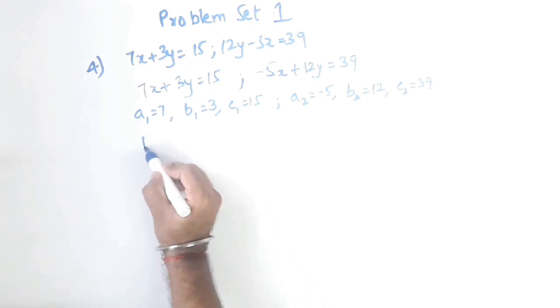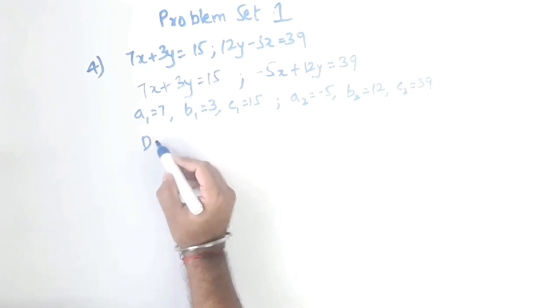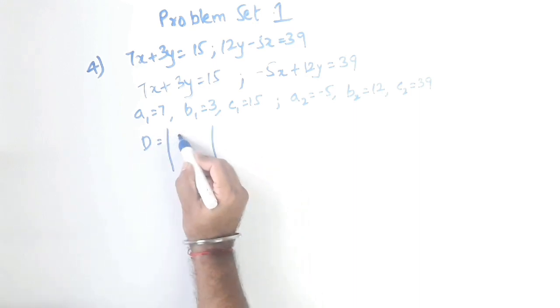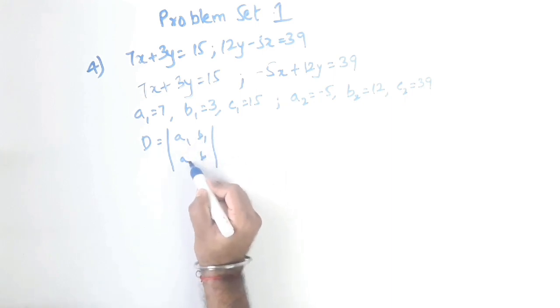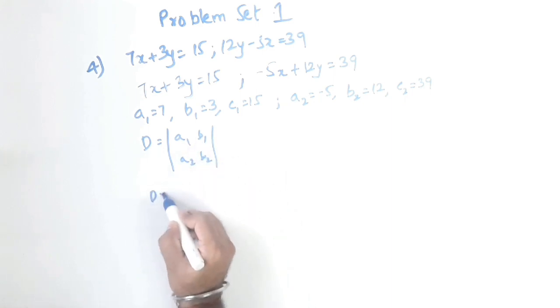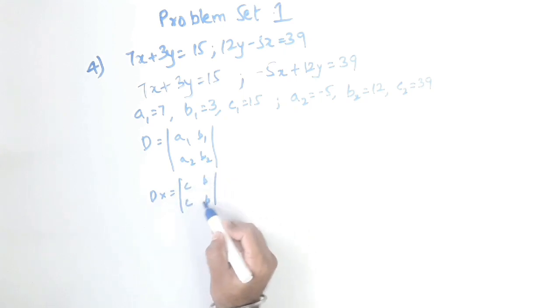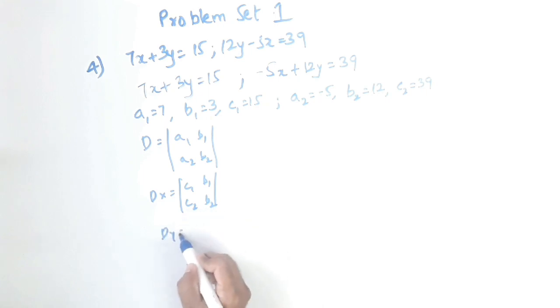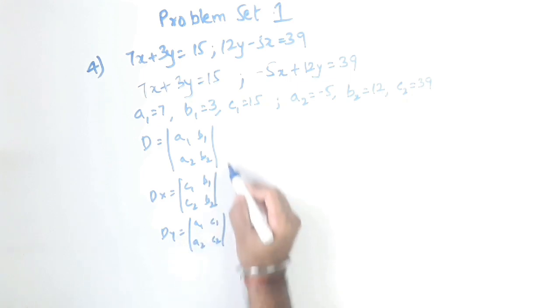Now see what is d. D, you know, it is a1 b1, a2 b2. What is dx? dx is c1 b1, c2 b2. And what is dy? dy is a1 c1, a2 c2.